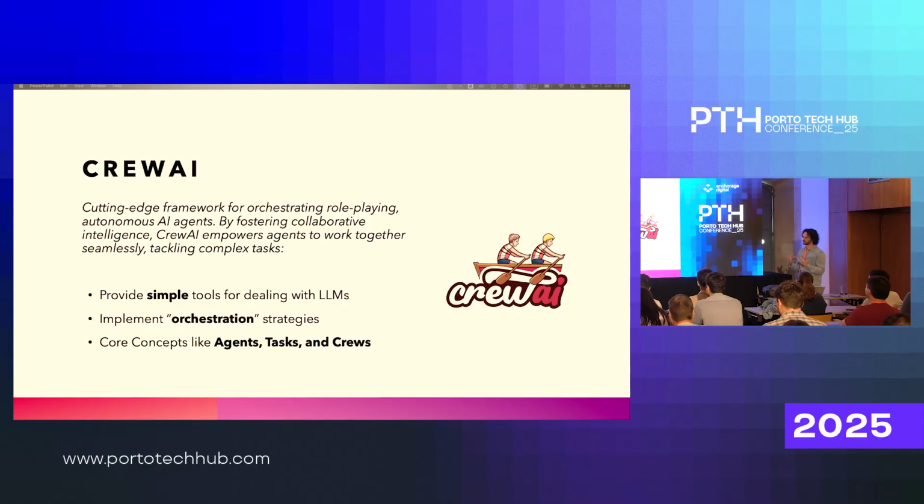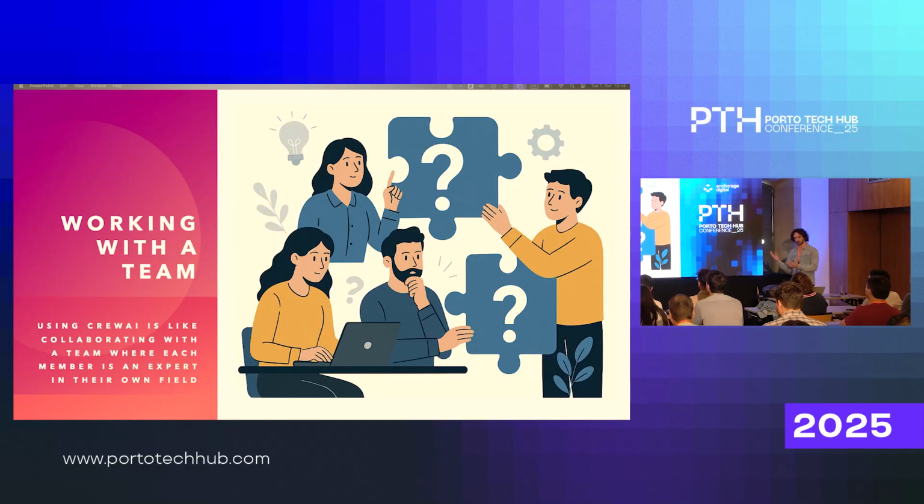You have this sort of orchestration. So you just say, I want to orchestrate this set of tasks, these agents, and the package is going to take care of that. And you have concepts like agents, tasks, and crews. The beauty of using a package, a framework, is that you don't have to build the stuff from scratch, but also you have to adapt to the framework. You need to see how it works.